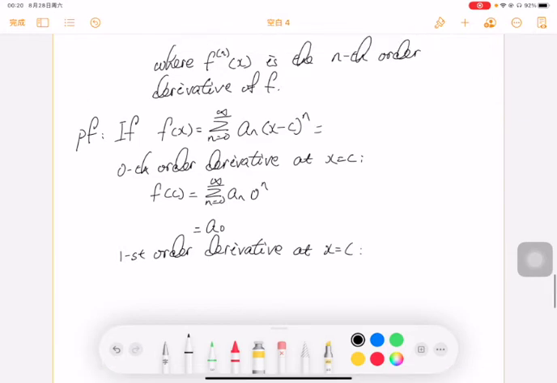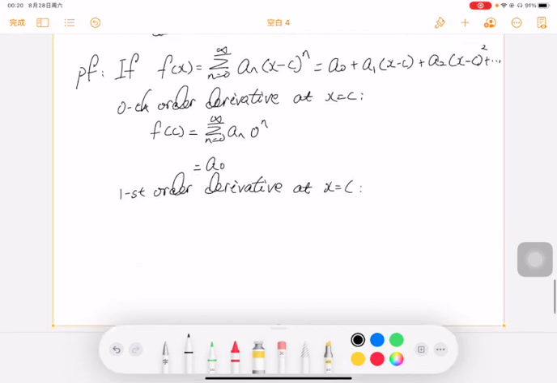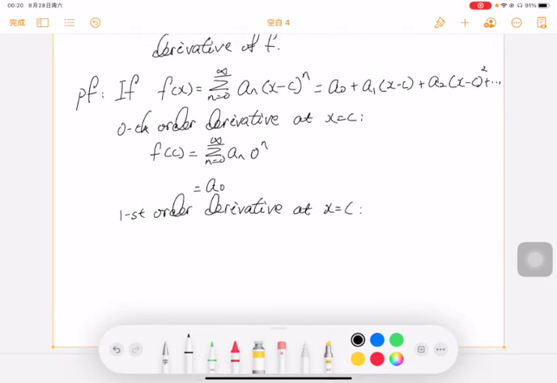Now, to make the process a little easier, let me write out the expansion of this summation. We have a0 plus a1 times x plus a2 times x squared plus, with x minus c instead of x here: a0 plus a1 times (x minus c) plus a2 times (x minus c) squared plus dot dot dot. If you look at the first order derivative, you get f prime of c.